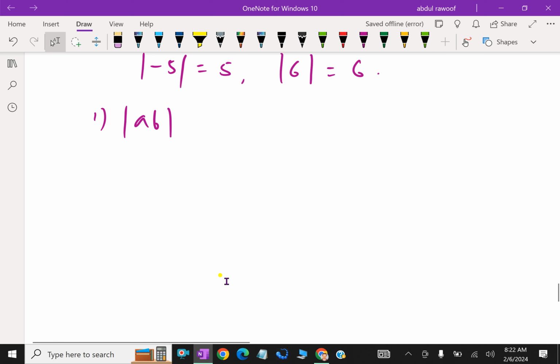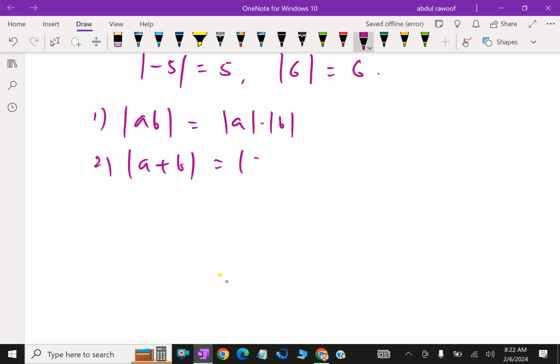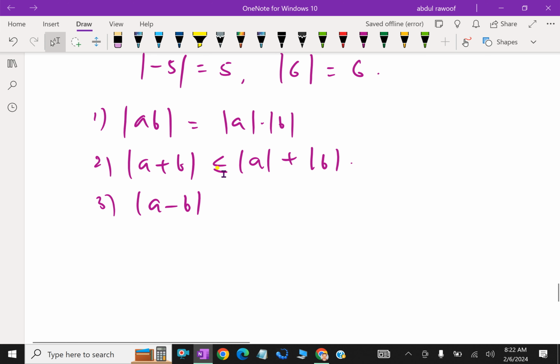Absolute value of AB is equal to absolute value of A into absolute value of B. The second one, absolute value of A plus B is lesser or equal to absolute value of A plus absolute value of B. Absolute value of A minus B is greater or equal to absolute value of A minus absolute value of B. Actually, absolute value means the distance between two points.